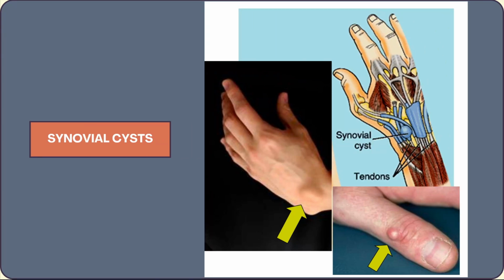But before I talk about that, let's talk about the synovial cyst. Any inflammation in the synovial sheaths is going to cause a synovial cyst, as you can see here in the photos.